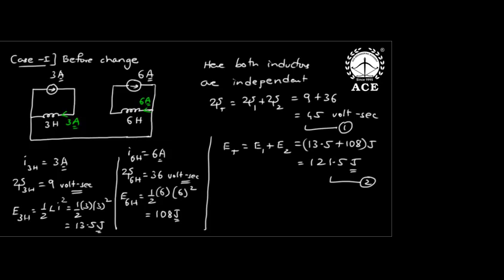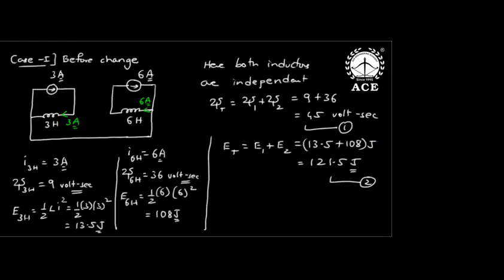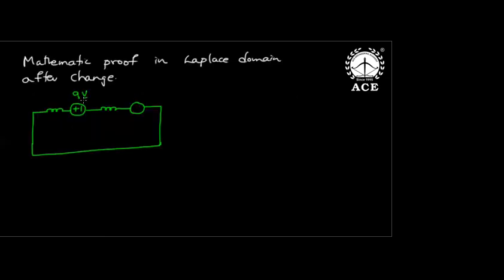Now, for an inductor with initial current in the Laplace domain, how do we write it? In the direction in which current enters, it is minus L i naught. Here L is 3 and i naught is 3, so overall it is 9 volt. Here L is 6 and i naught is 6, so this is minus 36 volt.